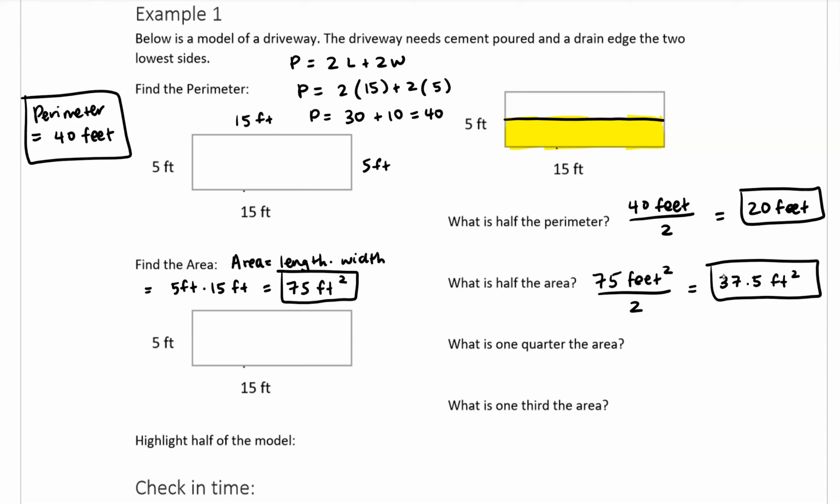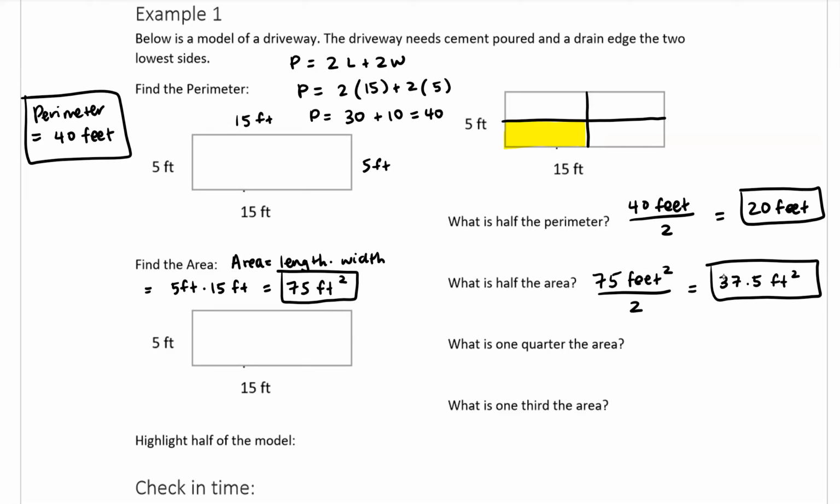What is 1/4 of the area? So there's a lot of different ways that you could do this. One way that you could think about it is if I took my rectangle and I cut it in half, and then I cut in half again, that is separated now into fourths, and I could potentially find the area of one of these fourths, and that would give me 1/4 of the area.